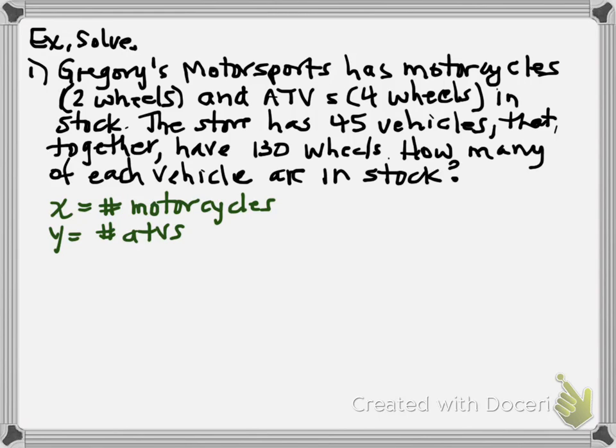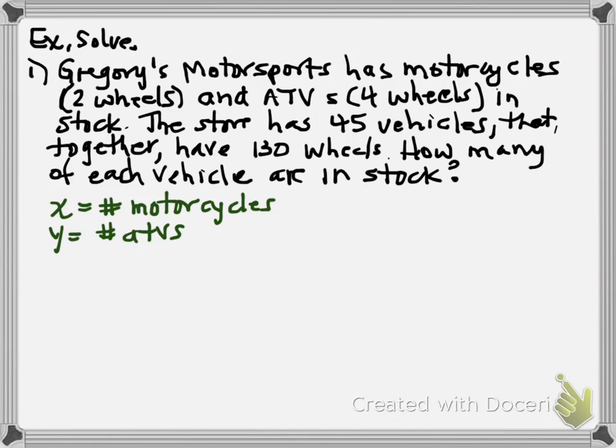And if you got the packet, I want you to close it up. How could I write an equation that tells me I have 45 vehicles in the store? Well, what are the vehicles that are involved in this problem? Motorcycles and ATVs. Okay, so if that's what I know the vehicles are, and I know there's 45 of them, and I have variables written out, how am I going to write this equation?